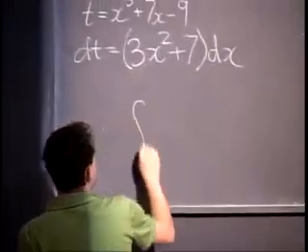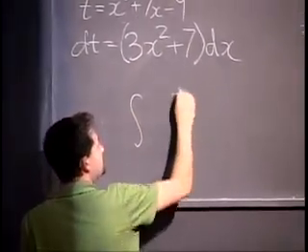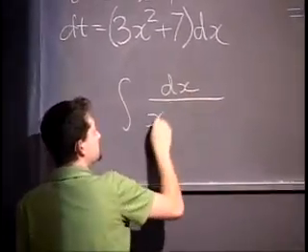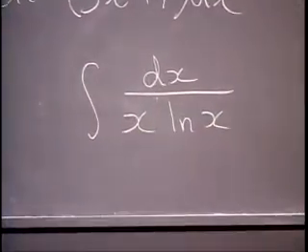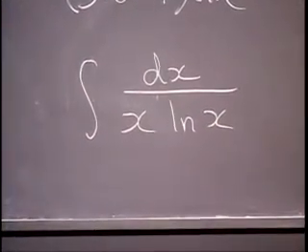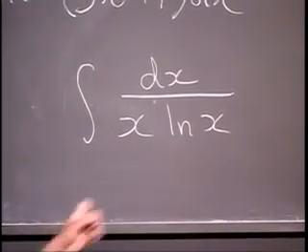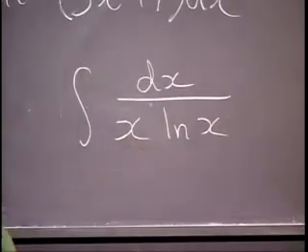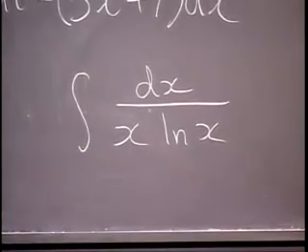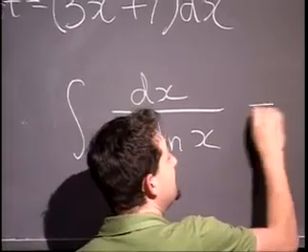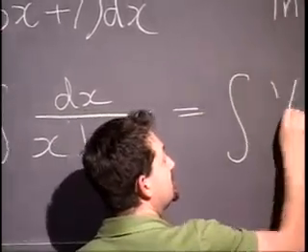For example, suppose you have something like this: dx over x log x. That sort of looks tricky, but actually the derivative of log x is 1 over x. So if you're really cunning, then you write it like this.